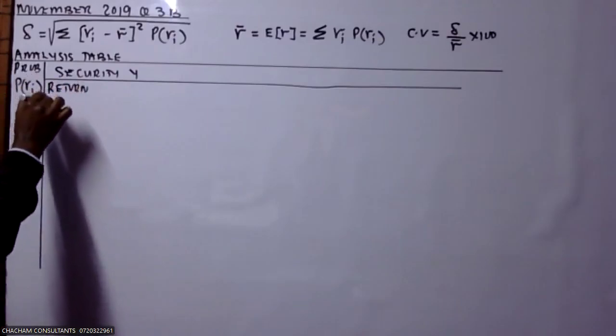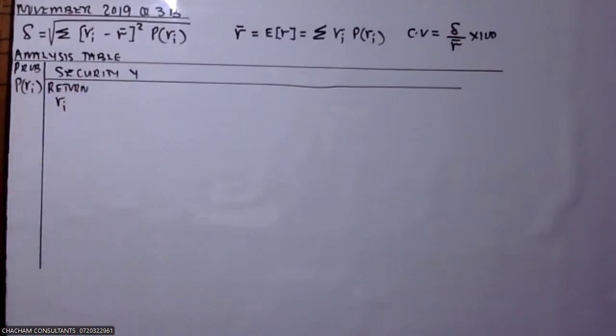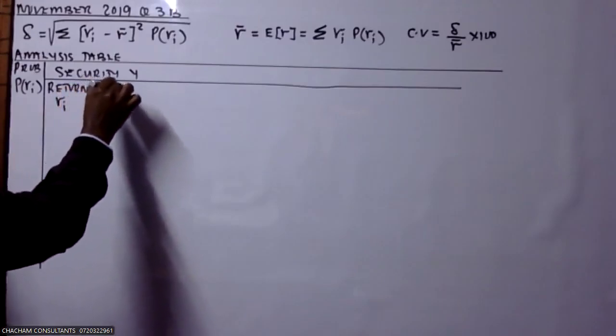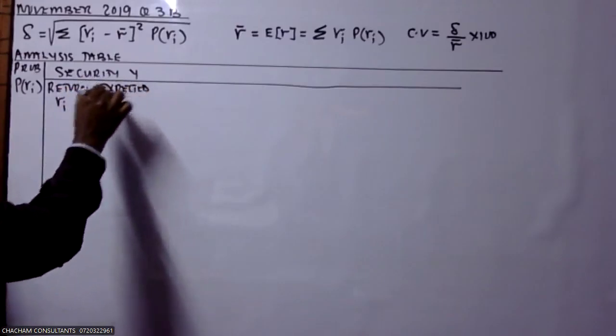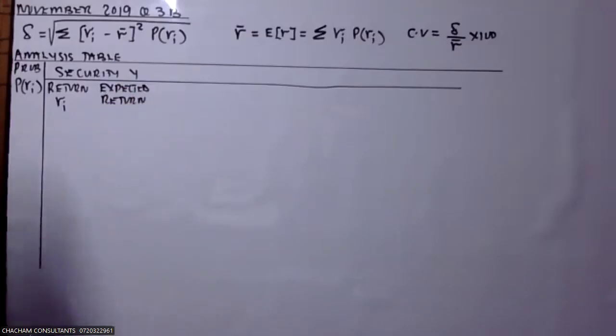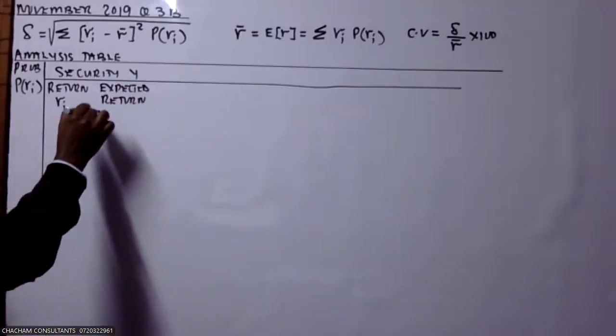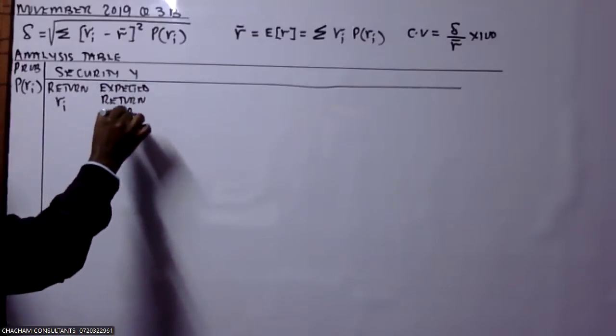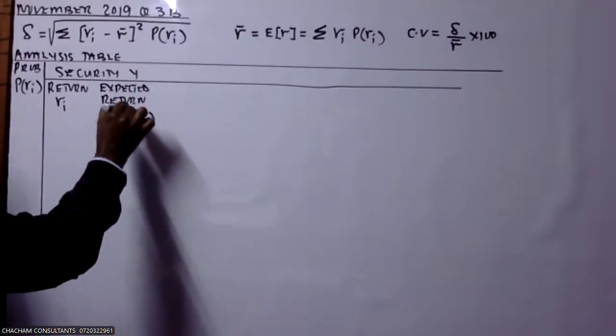This return is Ri. Then we will have the expected return. Now the expected return will be given as Ri, you multiply by the probability of Ri.